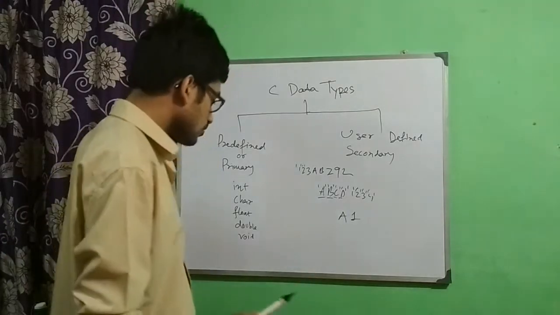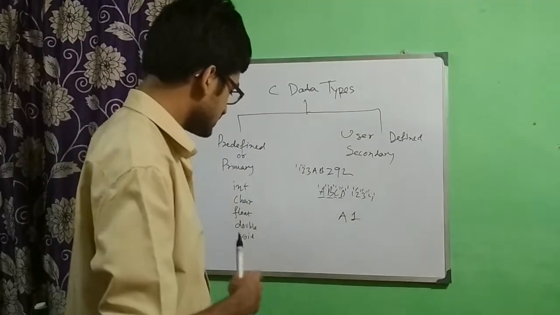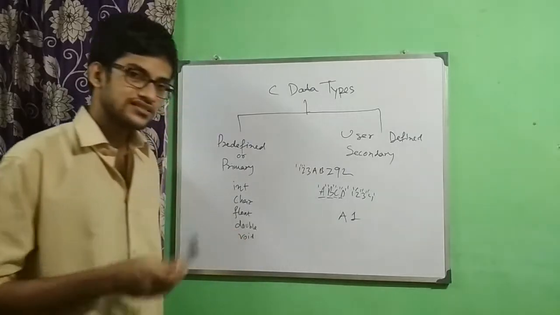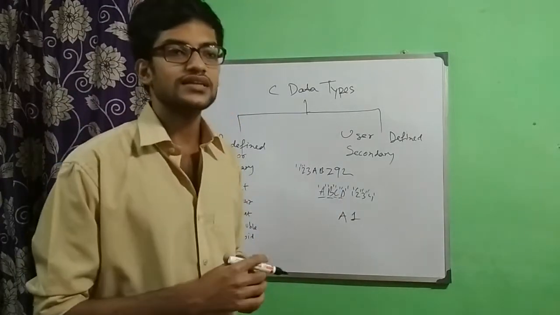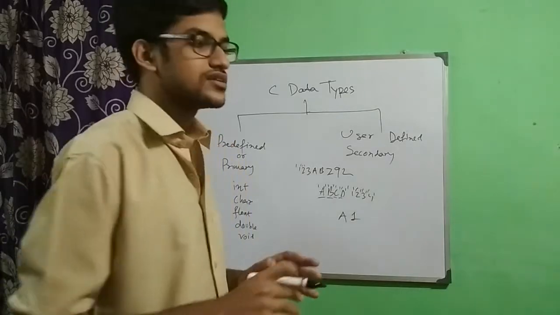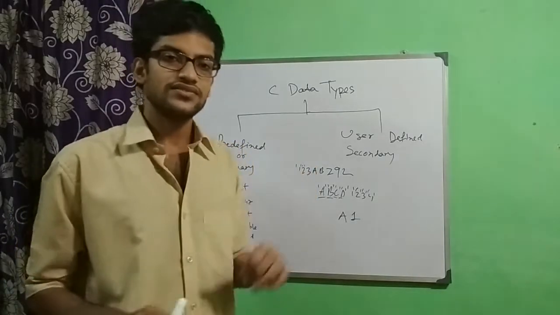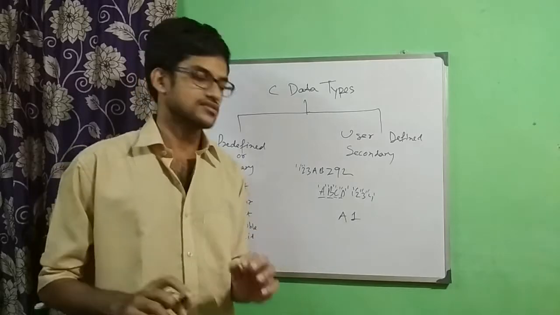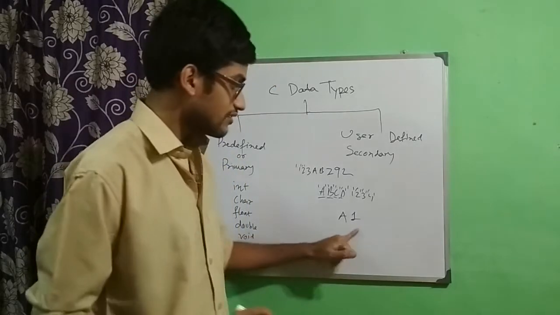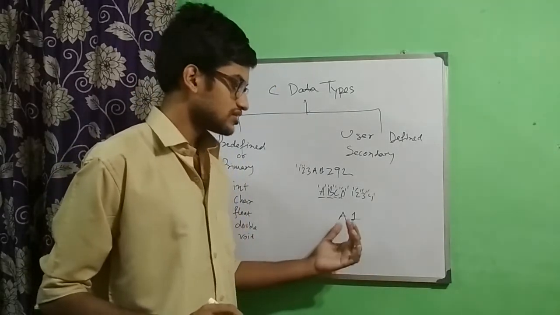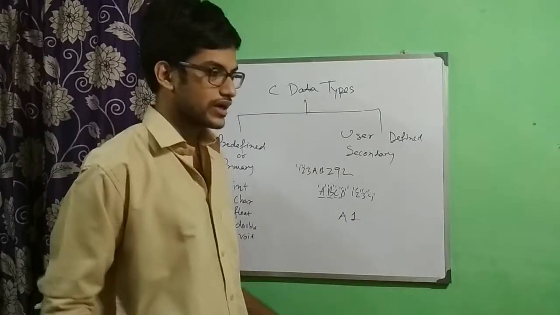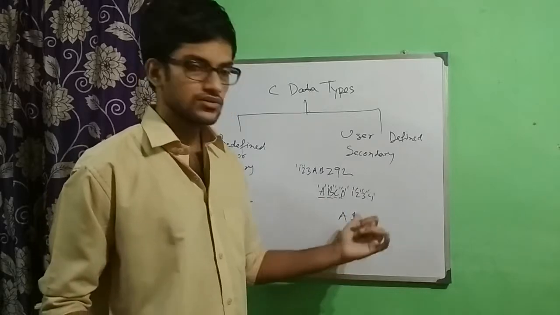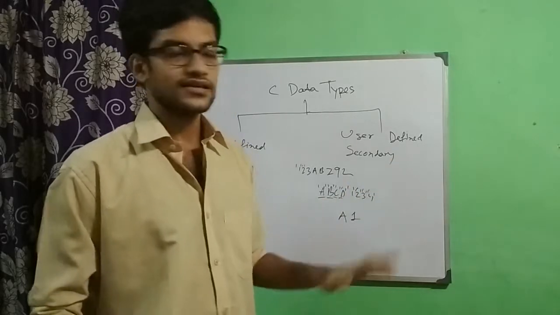So you have no concept of string in C, but C tells you that when there are multiple characters sitting together, it will be known as the string. As per the definition, string means the collection of characters. Here we already have a collection of characters because we have A and 1. This could be B also. Whatever it is, I said already, this will be referred to as a character.